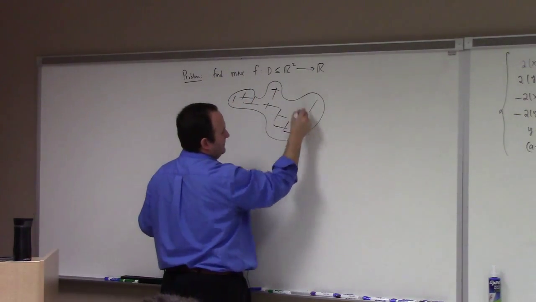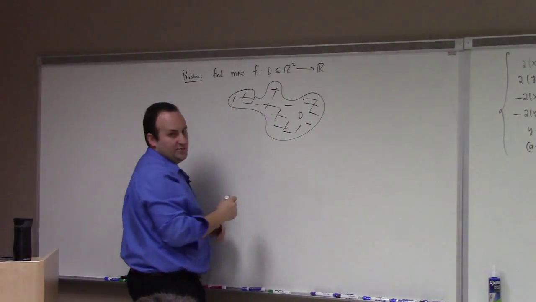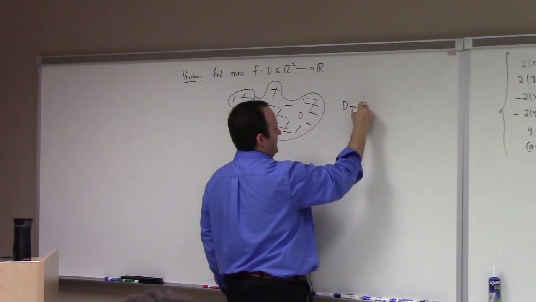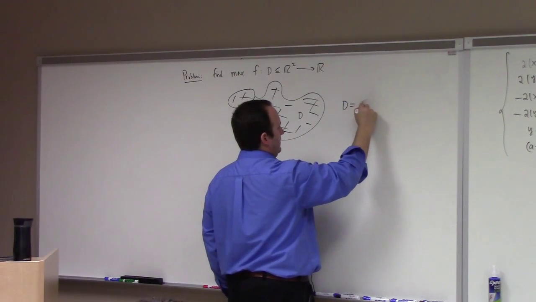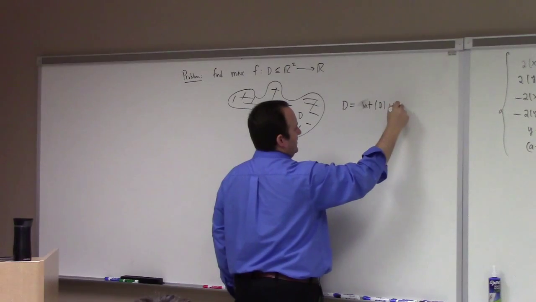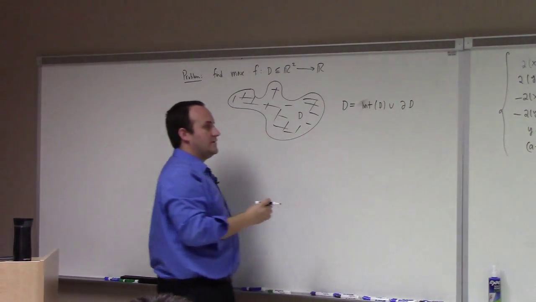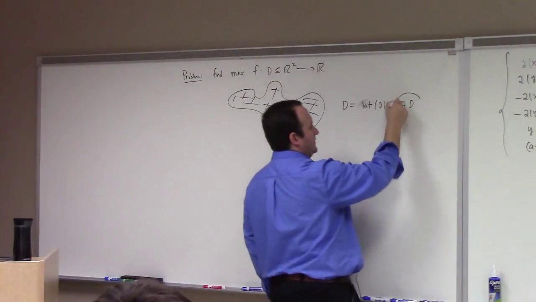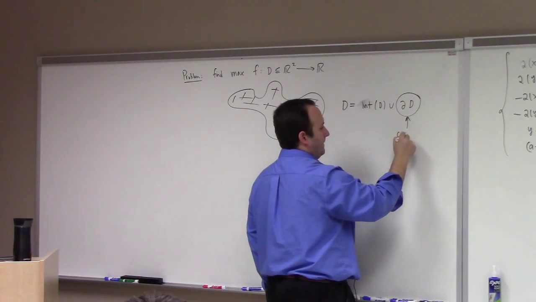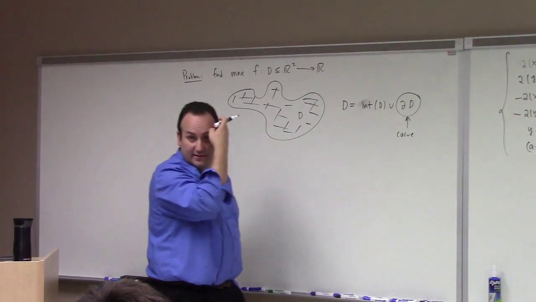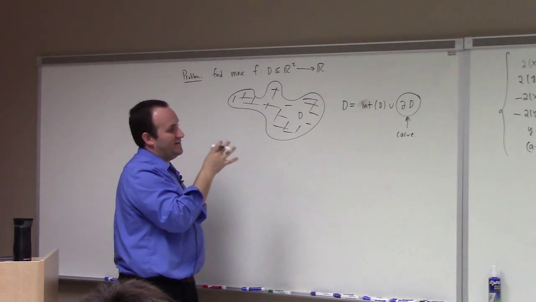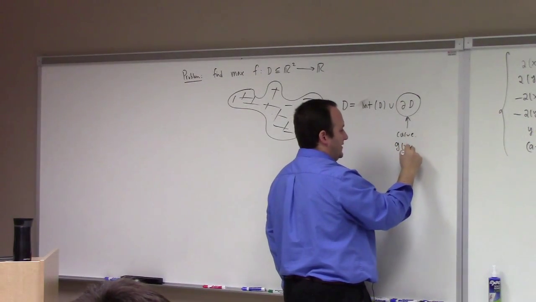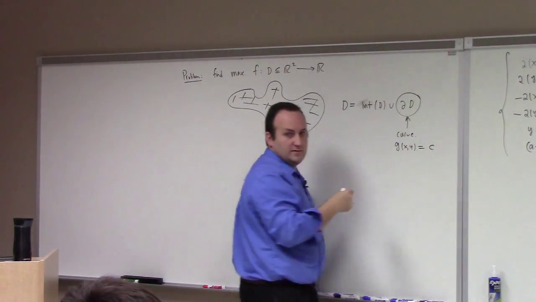There are two parts to D. You can write D as equal to the interior unioned with the boundary of D. The boundary of D, this right here, is a curve. So if I want to find where F is largest on it, I could write that as G of x,y equals some constant.